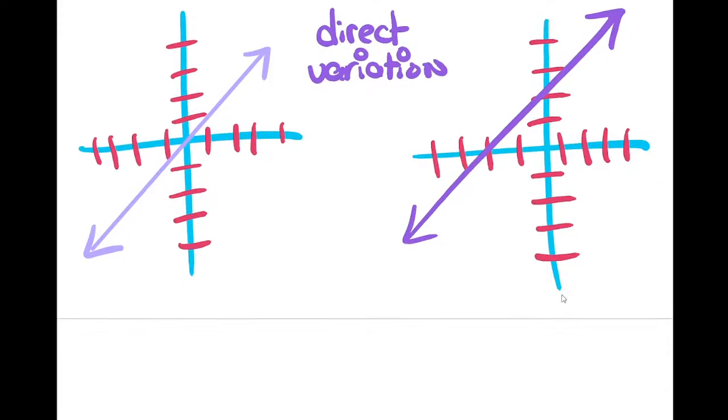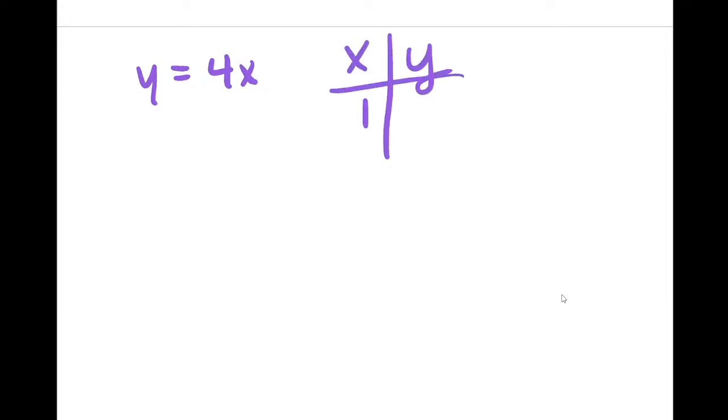So how you can tell if something directly varies is if you need the x in order to be anything. If the x is 1 in this case, then the y is 4. And if the x is 2, then the y is 8. But notice this. If the x is 0, then the y is 0.